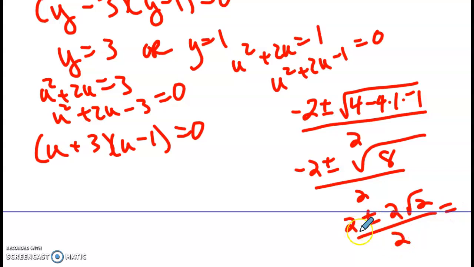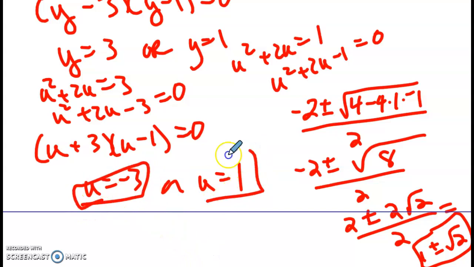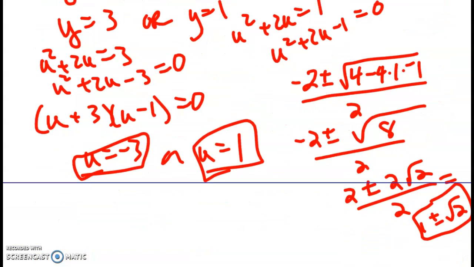Take 2 into each of these, and we get -1 plus or minus the square root of 2. Those are two of our answers. Our other two answers are -3 or 1. So I have -3, 1, -1 plus square root of 2, -1 minus square root of 2. Those are our four answers to that quadratic-like.